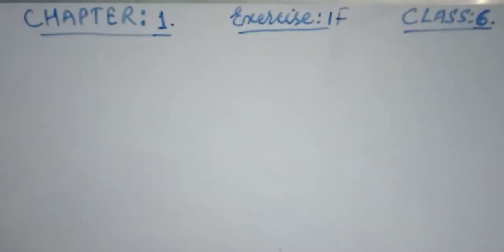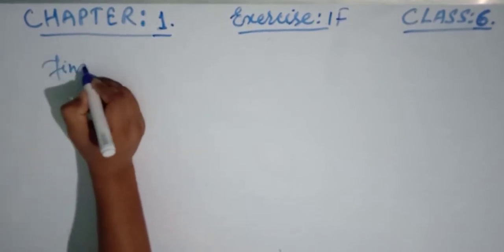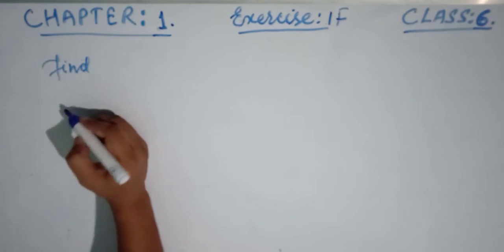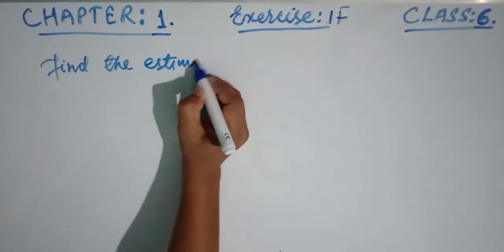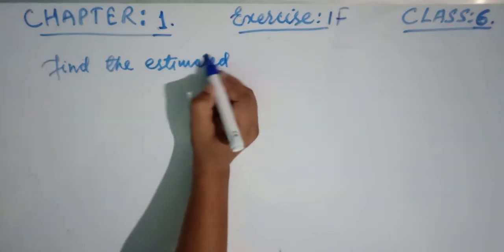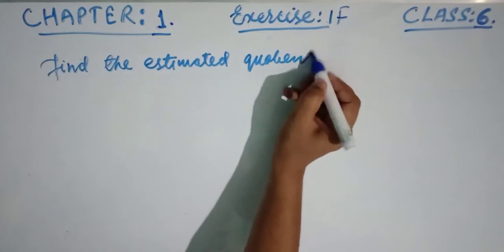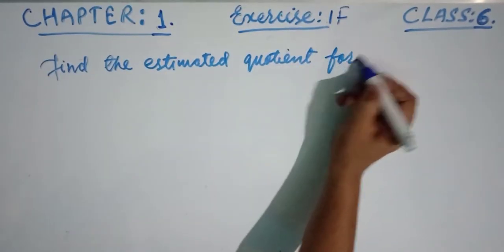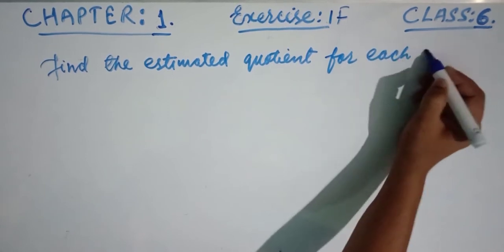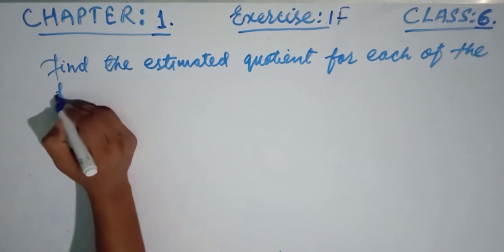Look at 1F, friends. Now the question says: find the estimated quotient for each of the following.